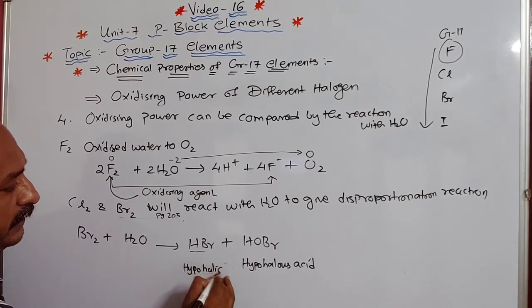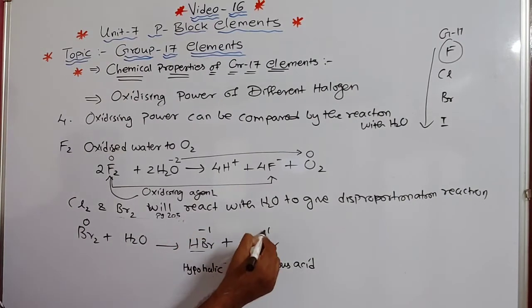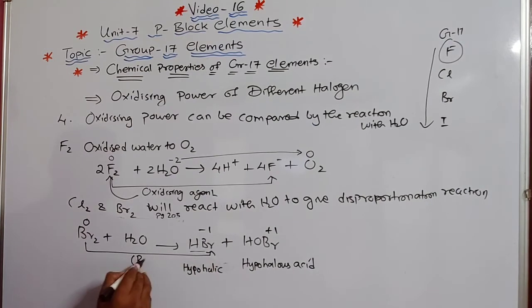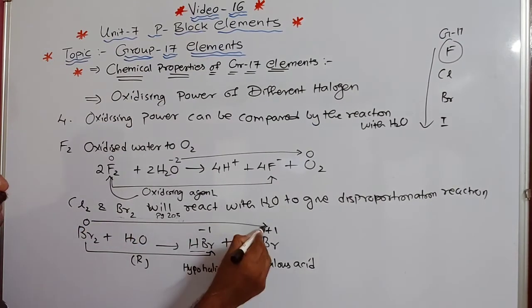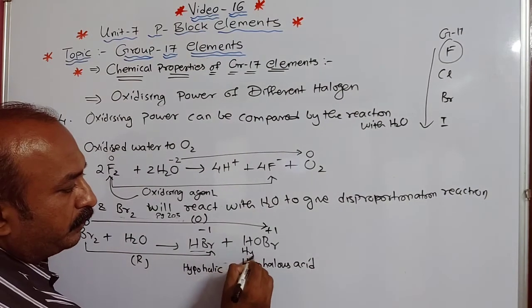Now you can see in this bromine 0, -1 and here +1. So 0 to -1 is reduction and 0 to +1 is oxidation. Understood? So this is an example of disproportionation reaction. Now the name of HOBr, what we have seen now, is hypobromous acid.